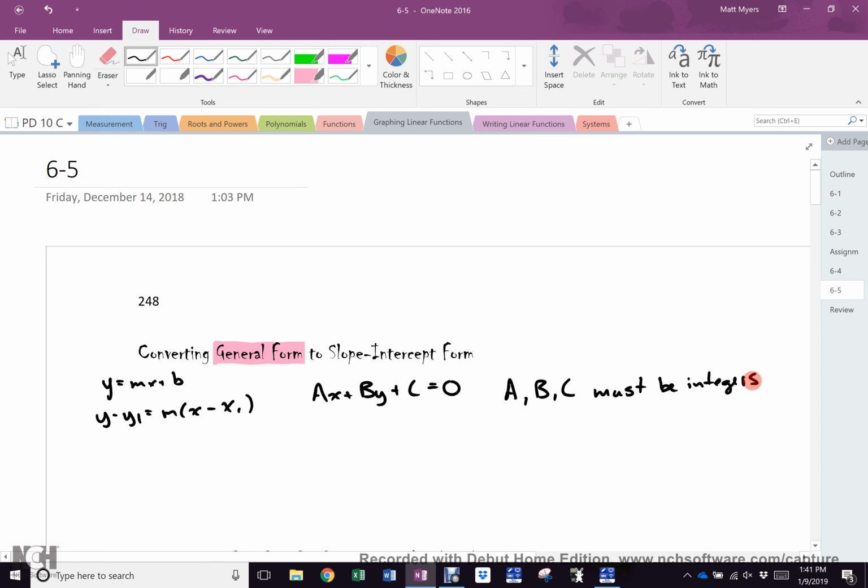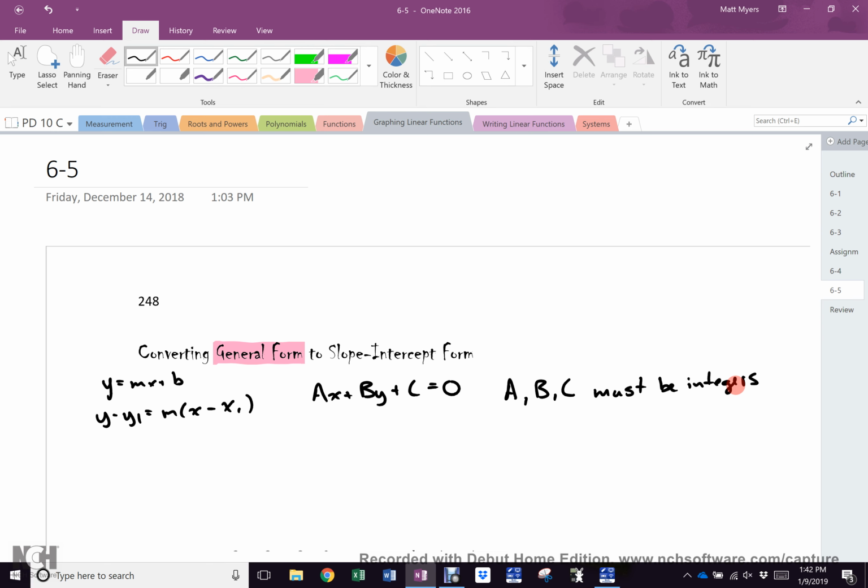What's an integer? All whole numbers. Don't say whole, because whole numbers are something else. Natural. Don't say natural, because natural is something else. All positive or negative, real numbers. Decimals, no. That's what's not allowed. Fractions. And no fractions. They must be integers, which means they have to be devoid of decimals and fractions.